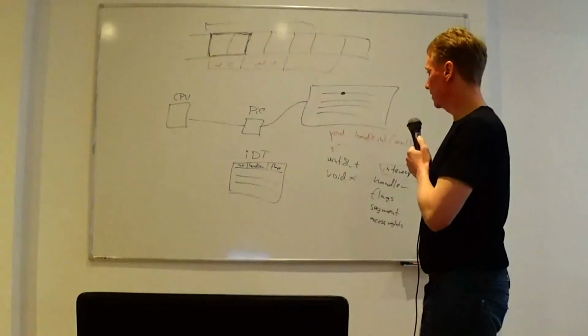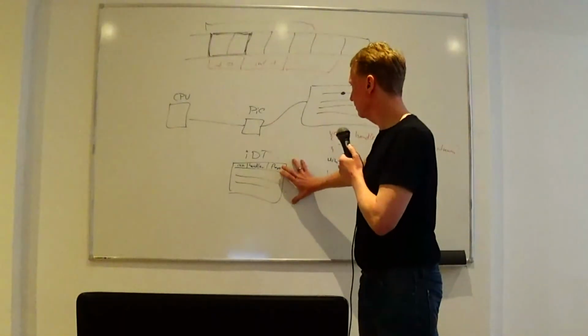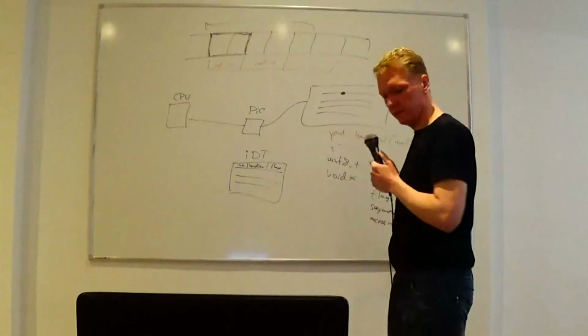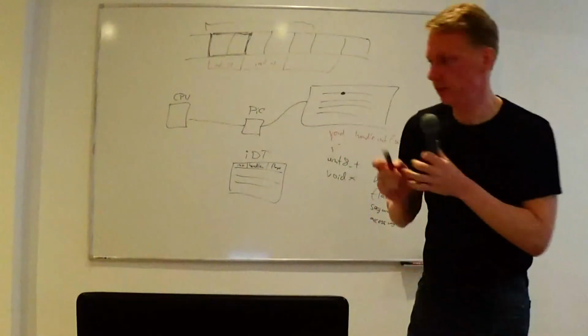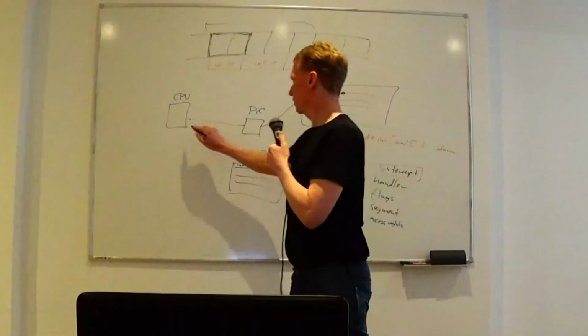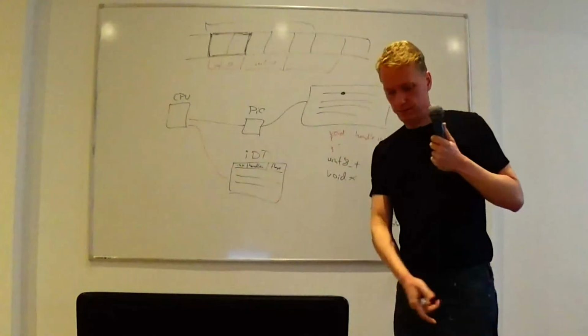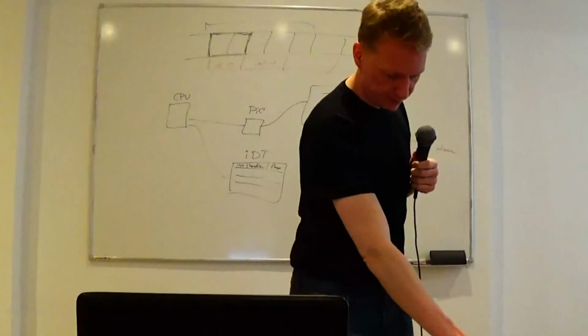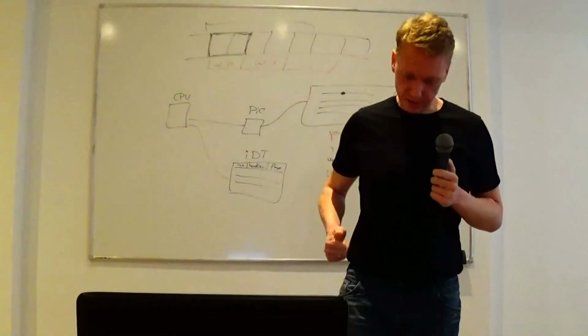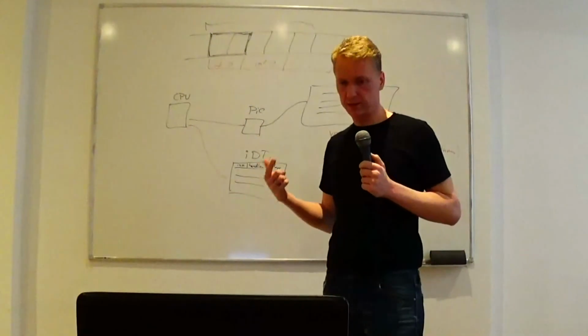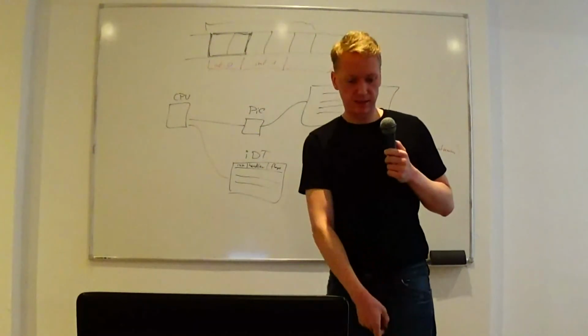So what we have done now is we have created the table and we have told the CPU to use this. What we haven't told the CPU yet is to actually start sending these interrupts.